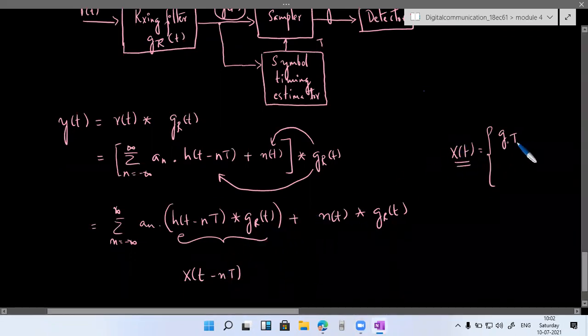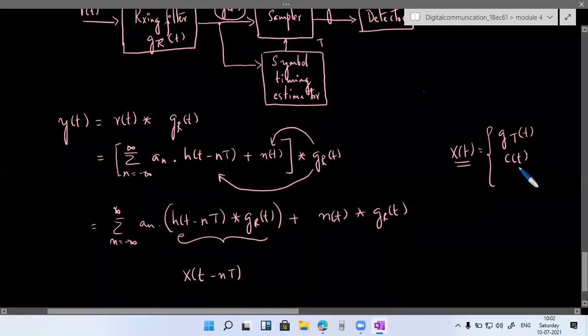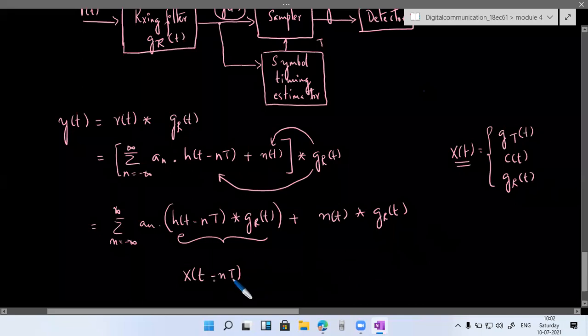So this x(t) has contribution from the transmitting filter g_T(t), followed by the channel impulse response c(t) and the receiving filter component g_R(t).